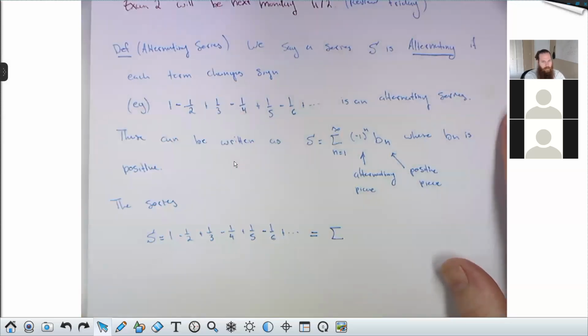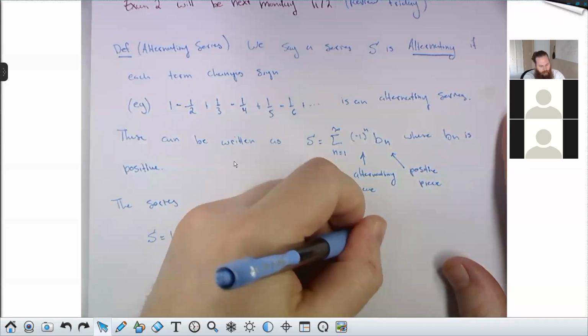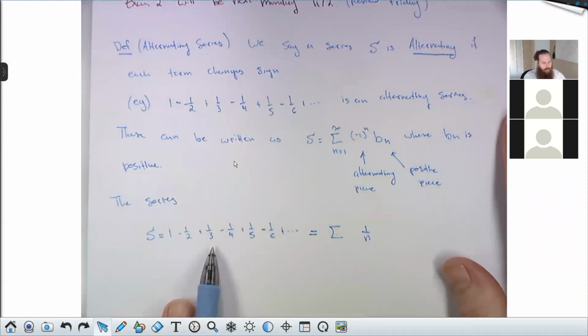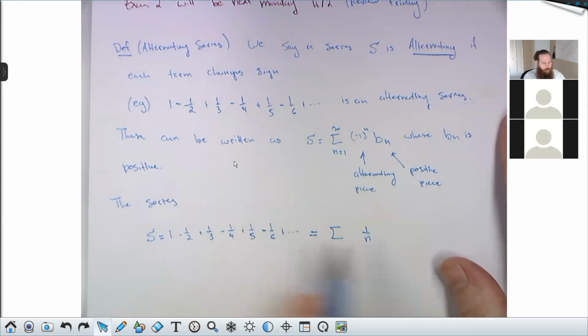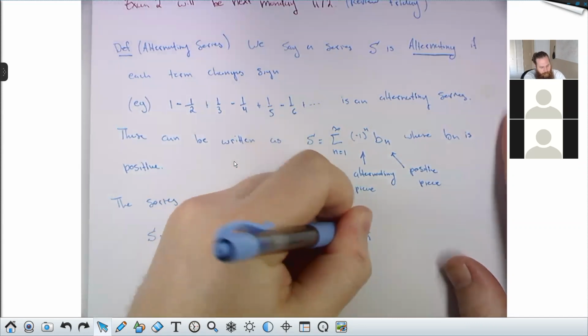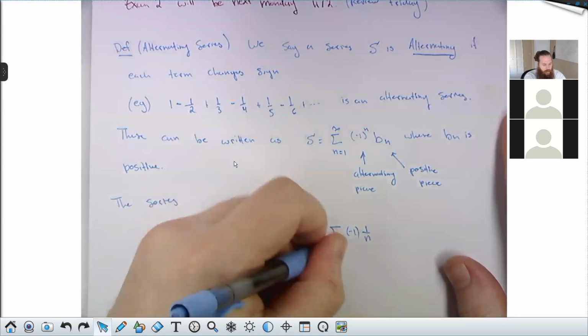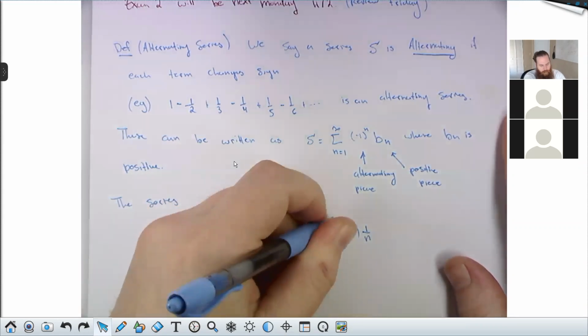I've got a bunch of things added up. The stuff that I'm adding up looks like 1 over n, right? 1 over 1, 1 over 2, 1 over 3, 1 over 4, 1 over 5, that's 1 over n. But also we're alternating. So I've got a power of -1 here. I cannot start n at 0. My first term is 1 over 1. So if I'm going to write this as 1 over n, it has to start at 1. So we're going from n equals 1 to infinity.